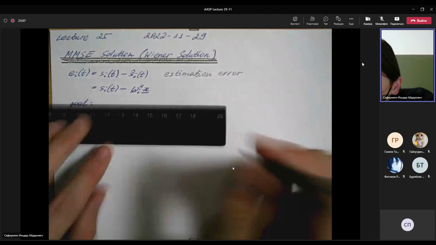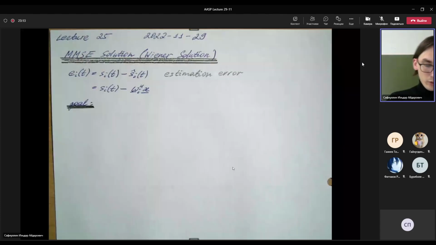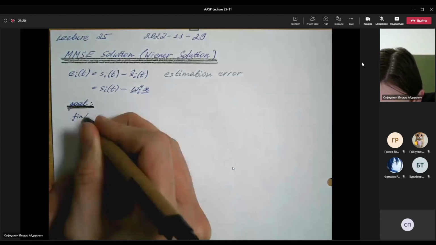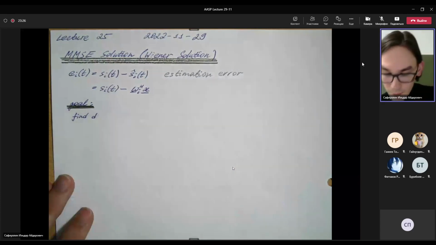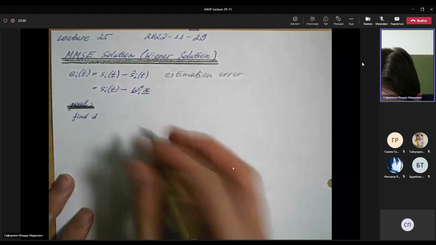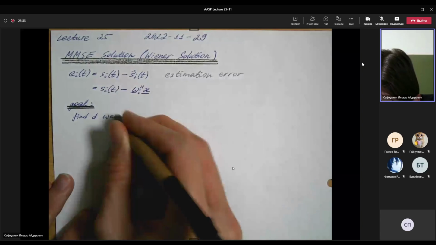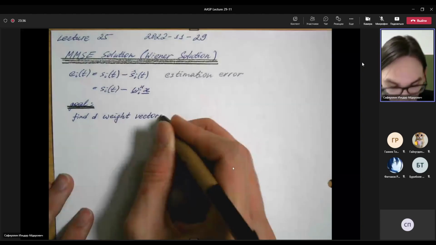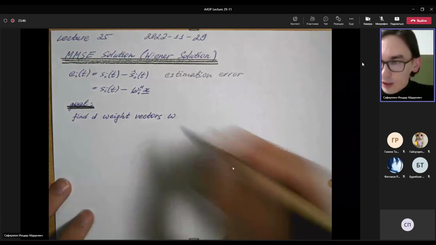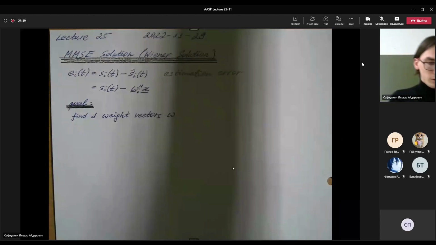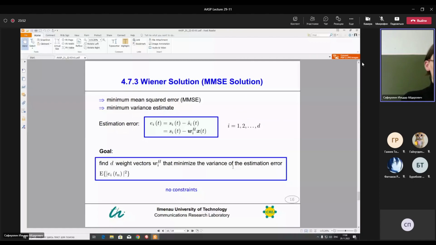For this one, with 2 underlines, our goal is to find small d, where this thing is equal to the number of sources, weight vectors omega I Hermitian, I think. Let me check just for a second. Yes.